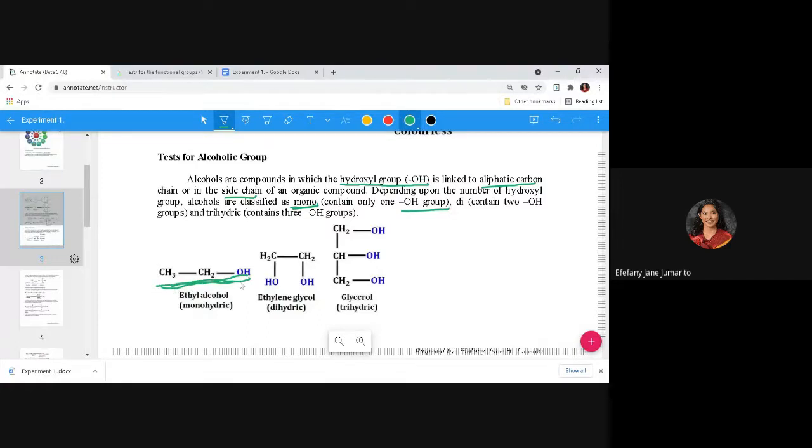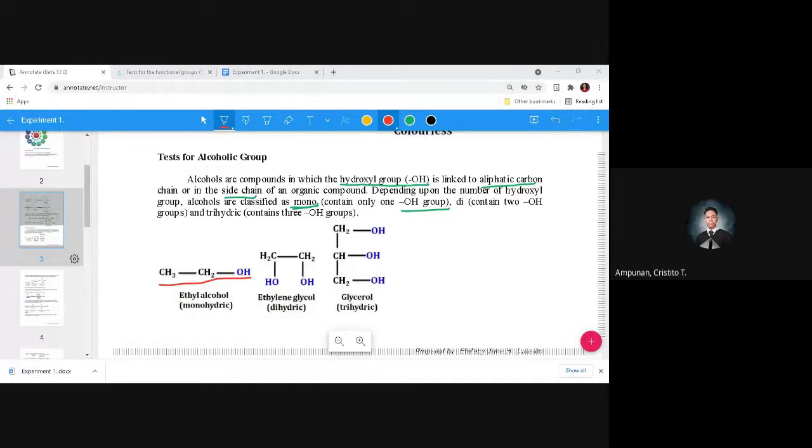How do you name this compound, class? What compound is that? The one in red, ma'am.